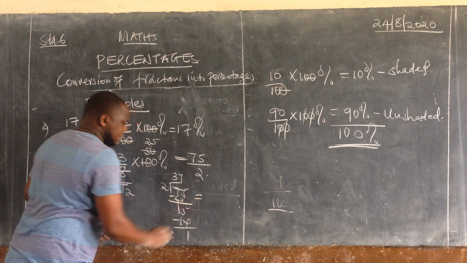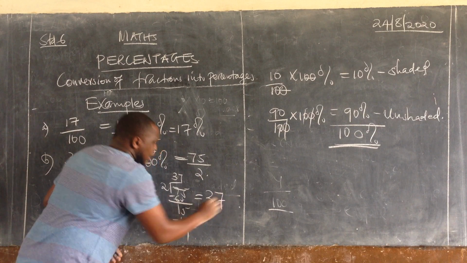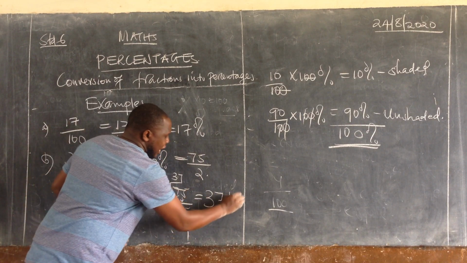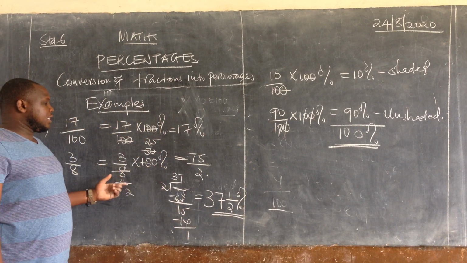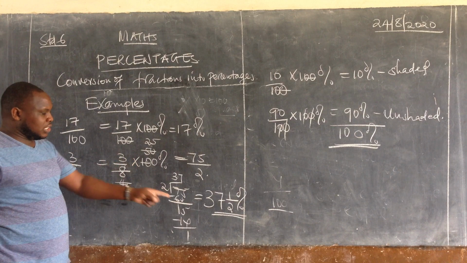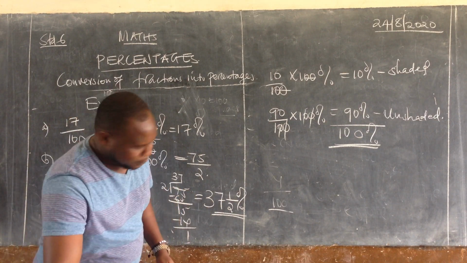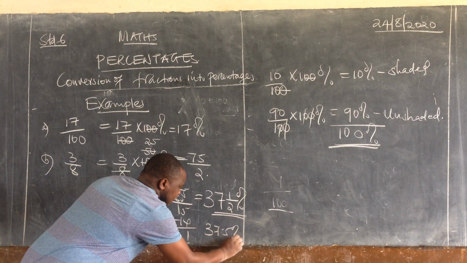And so your answer here will be that 37, as a whole number, and the remainder, which is 1, over these 2. And then don't forget the percentage sign. So 3 over 8 converted to percentage simply gives you 37.5%. Or you can also say that 37.5%.